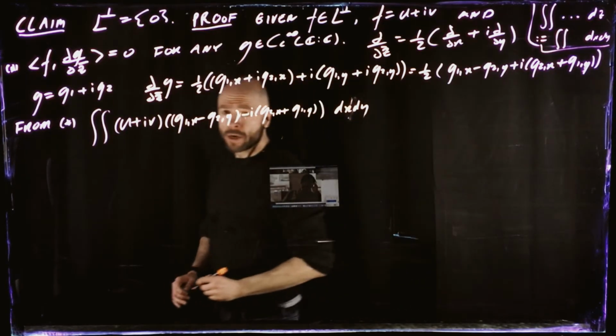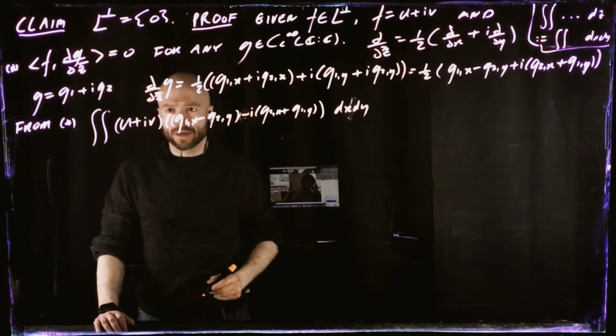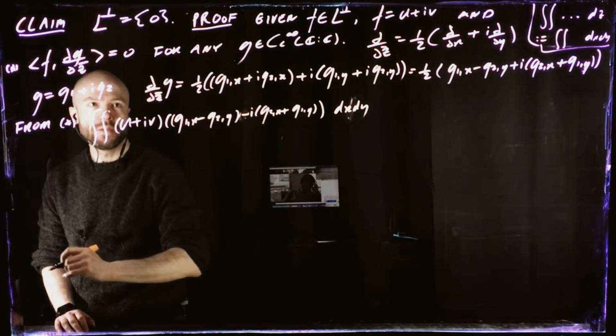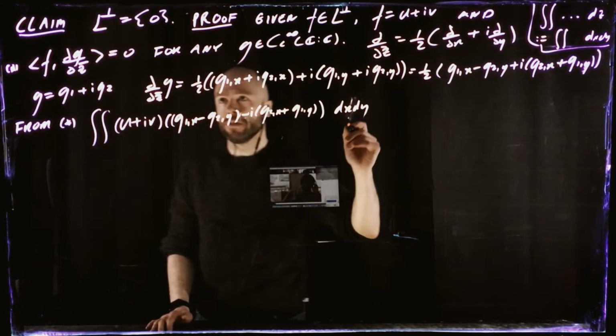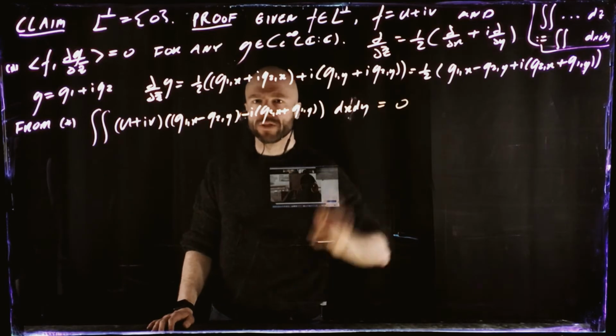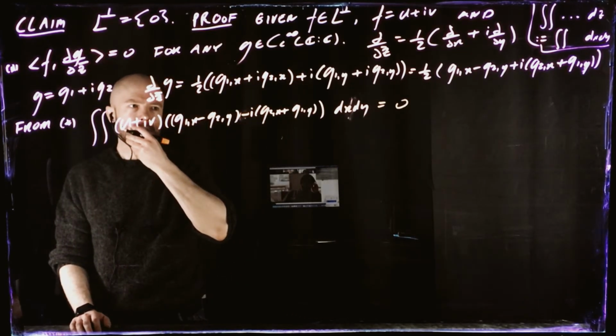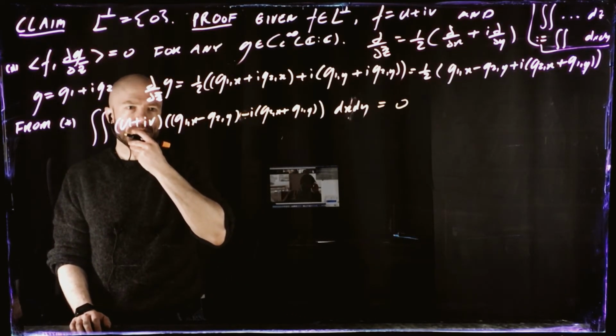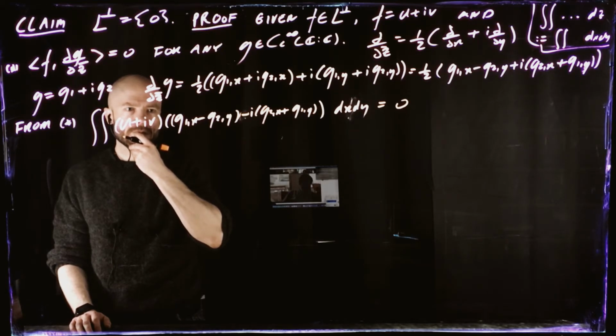Okay, so let us look at this thing. So this thing is equal to 0, and let's put the partials on the other sides.